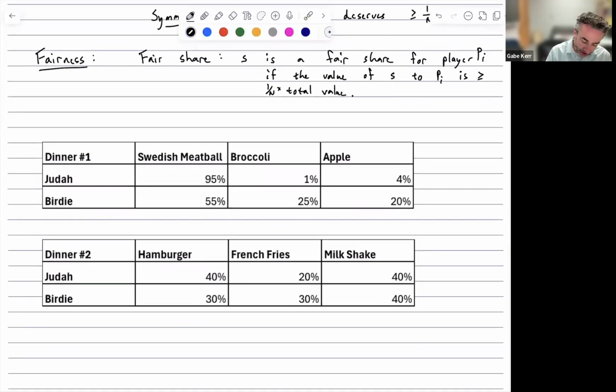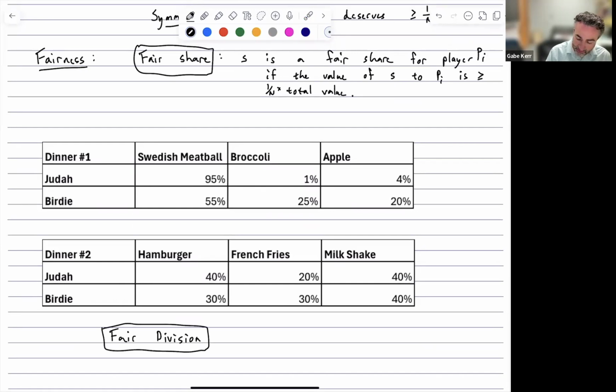And what is a fair division? So these are terms: fair share is one. A fair division is just where we give a share of the assets to each of the players. So S1, S2, on and on up until we get to the last share. Okay, and this is a division of all of our property, or of all of the assets, pardon me.